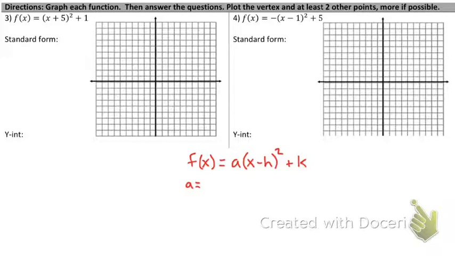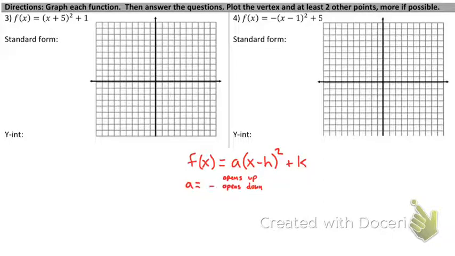First thing it does is, just like before, it tells you if it opens up or if it opens down. Okay, so how do I know that? That's because our A value will be negative if it opens down.